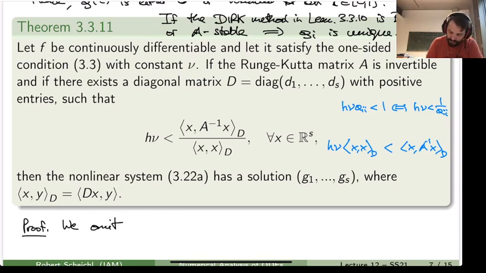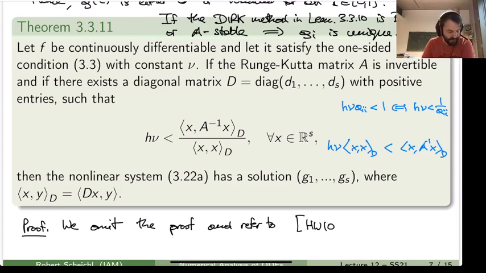We omit the proof and refer to it. It is a very similar proof to what we just saw for DIRKs. It just is a little bit more involved, and I don't want to add this technicality here.